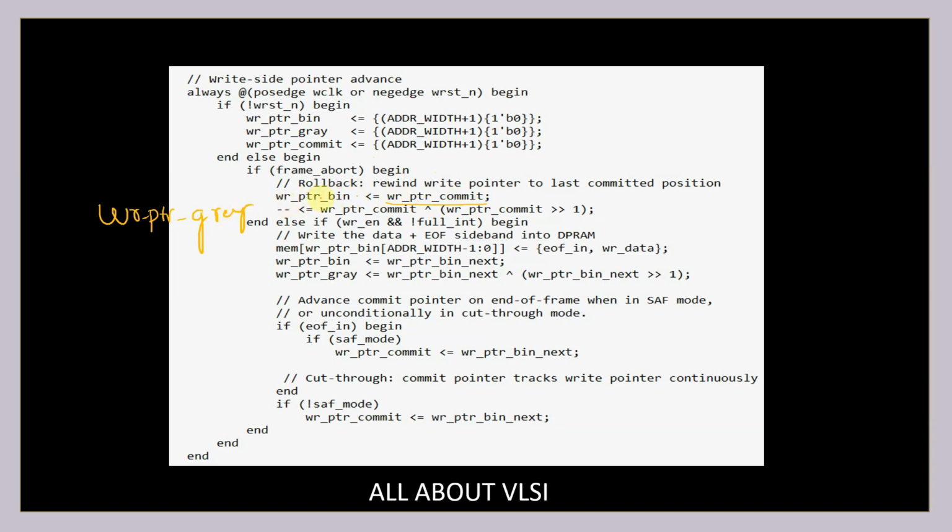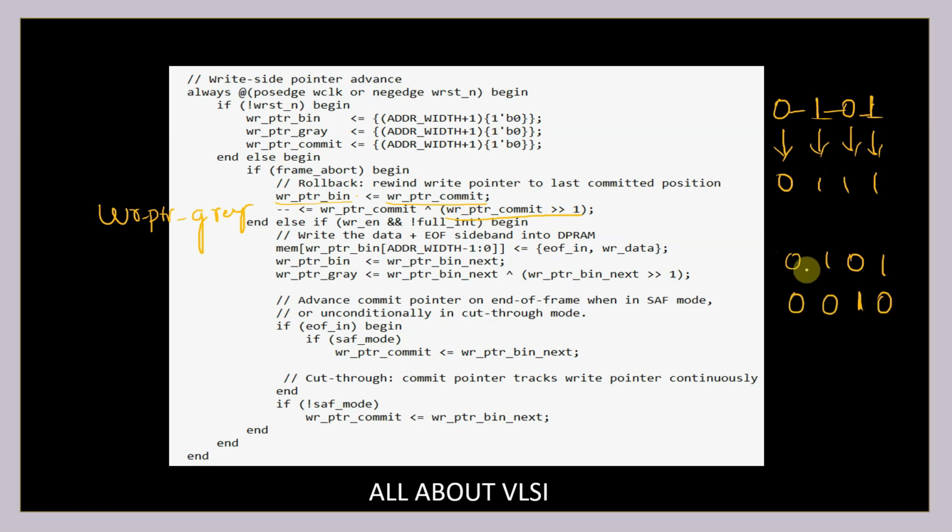Now this binary pointer should be converted into gray format. How do we convert? We already know that to convert a binary number 0101 into gray, we keep the first bit 0 and perform XOR between adjacent bits, getting 0, 1 XOR 1... Instead of doing this, we can take 0101 and perform right shifting, which gives 0010, and perform XOR between these two, which gives 0111.